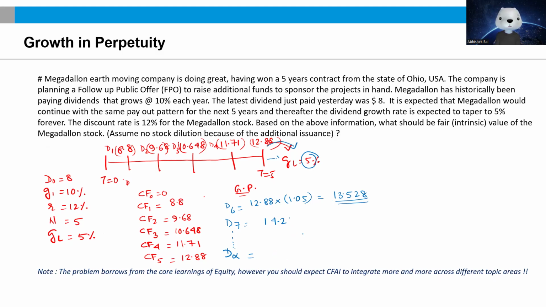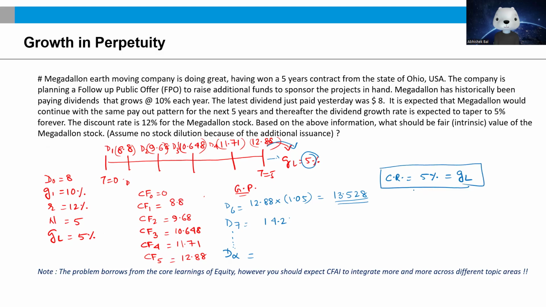If we watch this minutely, we would understand that this is actually a geometric progression, where the common ratio is 5%, which in our case happens to be g_L, the long-term growth.